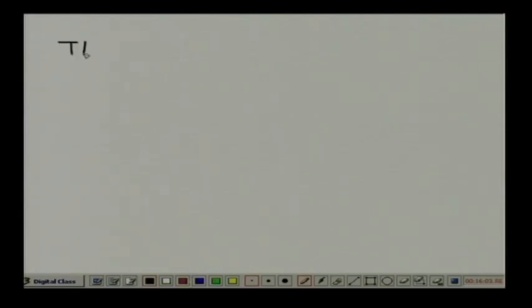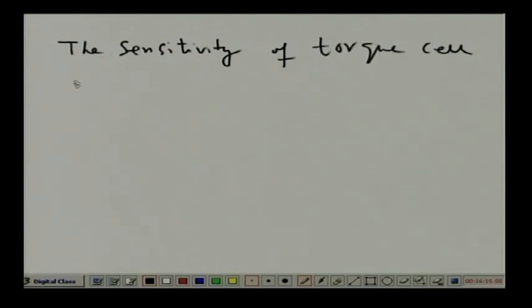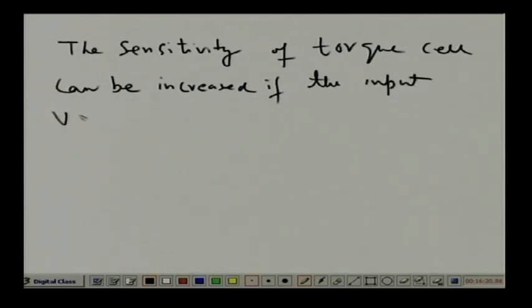The sensitivity of the torque cell can be increased if the input voltage or excitation is increased, right.